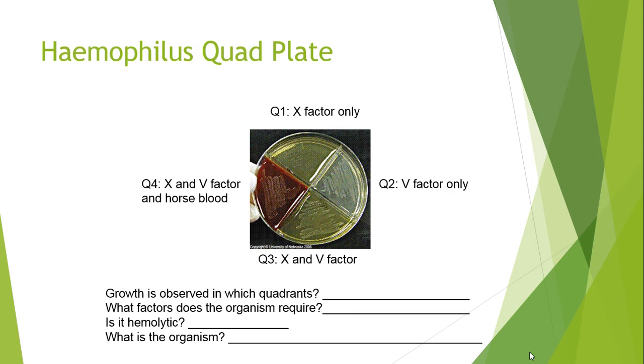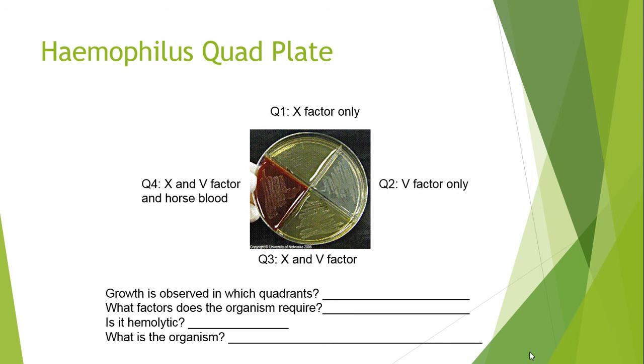Right. So is it hemolytic? Do we see any clearing around the growth here? No. So it's one of those that start with para, right? Because it requires V factor.